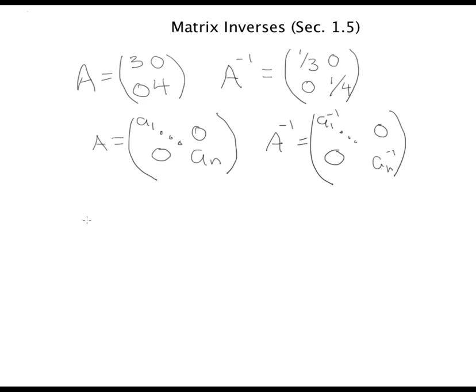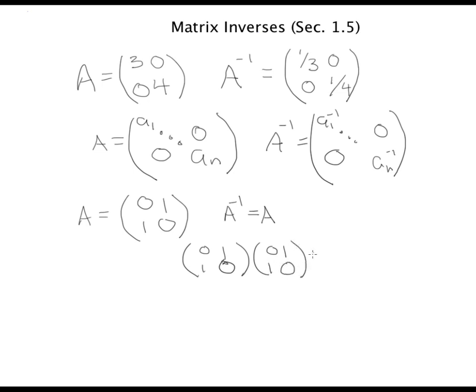Here's another simple example. If A is the anti-diagonal matrix with 1s on the anti-diagonal, then interestingly enough, A inverse is just itself, because if you multiply this matrix times itself, indeed you get the identity.